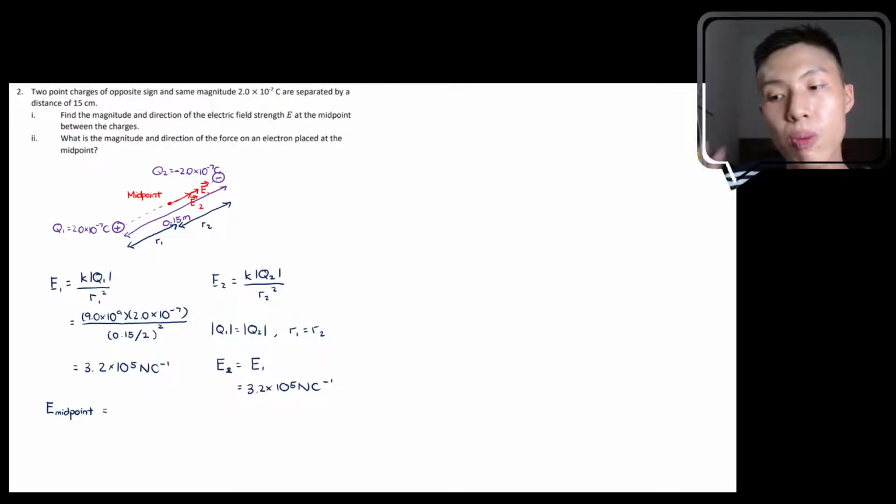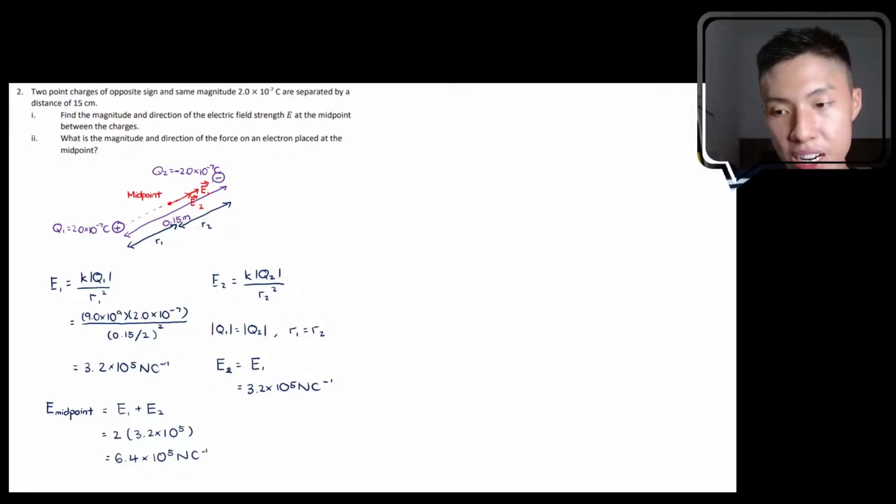If they are pointing in the opposite direction, then you have to take one minus the other one. But for now, they are in the same direction. So you can just take E1 plus E2. Okay, so you get 2 times 3.2 times 10 to the power of 5. So you get 6.4 times 10 to the power of 5 Newton per Coulomb. Okay, so that is the magnitude.